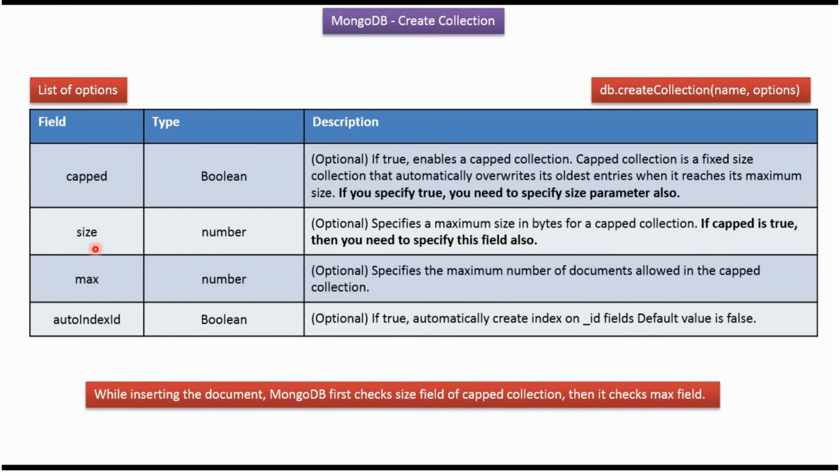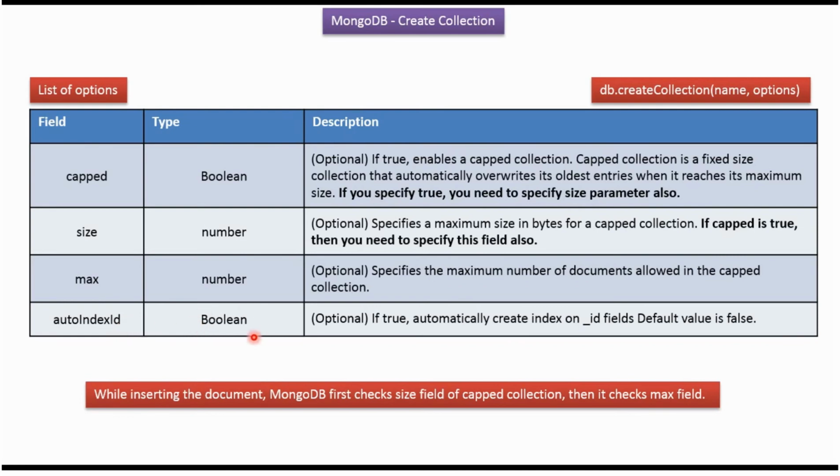Here you can see the size field. The type is number, which specifies a maximum size in bytes for a capped collection. And one more field called max, and the type is number, and it specifies the maximum number of documents allowed in the capped collection. And the next field is auto index ID.